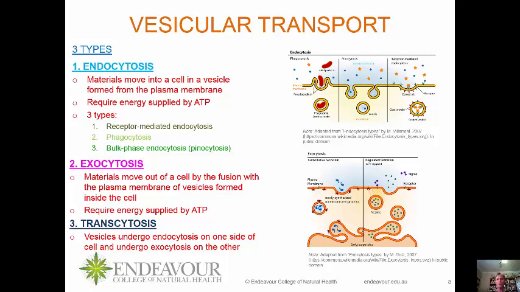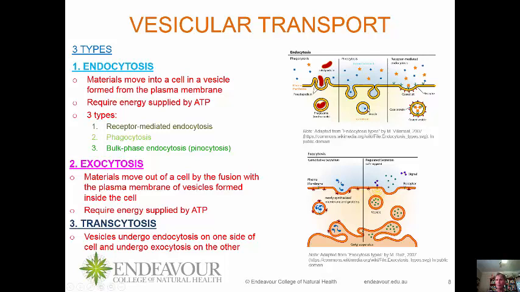Okay, so exo, moving out, cytosis, cell. Transcytosis, trans meaning both. It has both endocytosis and exocytosis. So bringing things into the cell, and then they move straight out to the other side and come out the other side, which is exocytosis.